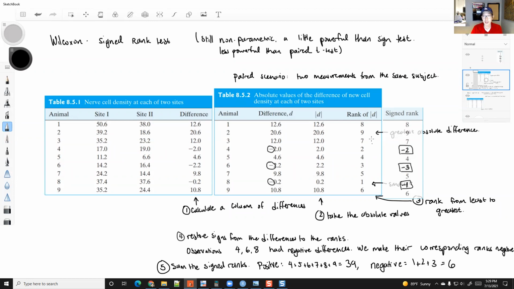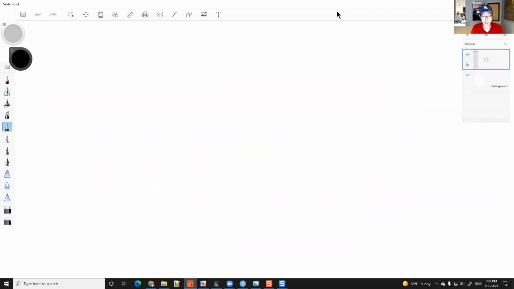Okay, and now that we have this, we're going to go to the table. So let me save this and go to the next slide. Basically our signed rank sums: the positive is 39, and the negative is equal to 6.